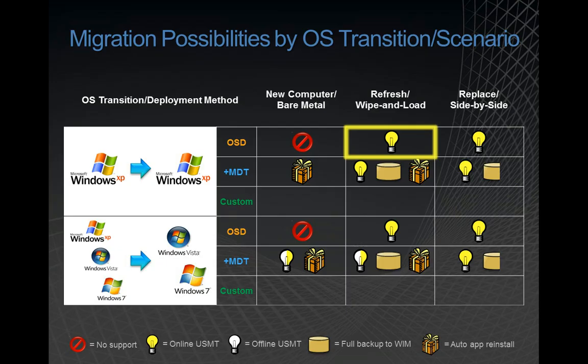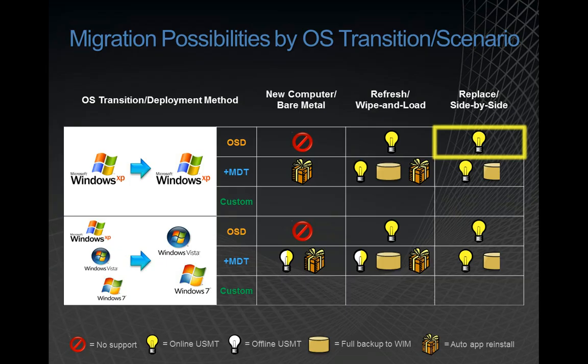We also cannot restore a user state that was captured with version 3.0 of USMT with USMT version 4.0 and vice versa. So here we have the yellow light bulb to indicate that we are using USMT version 3.0, and it has the requirement that the user state be captured in the full running OS. In other words, it has no offline capture support.